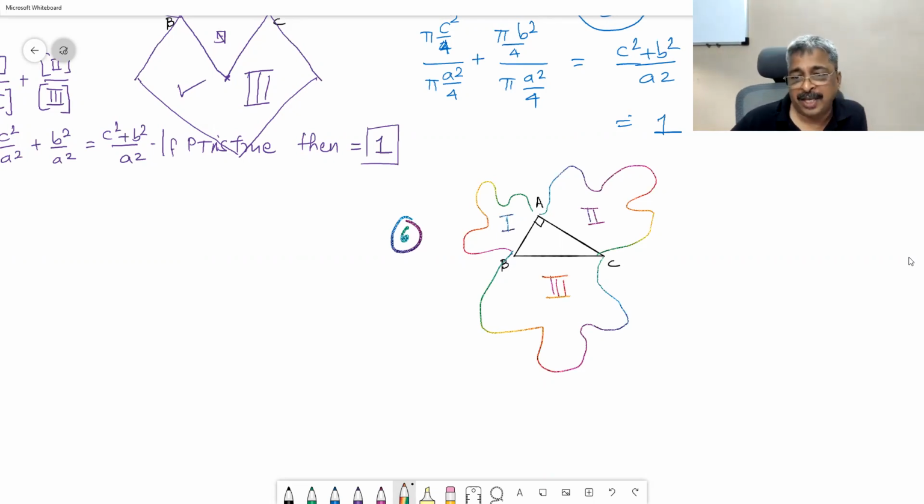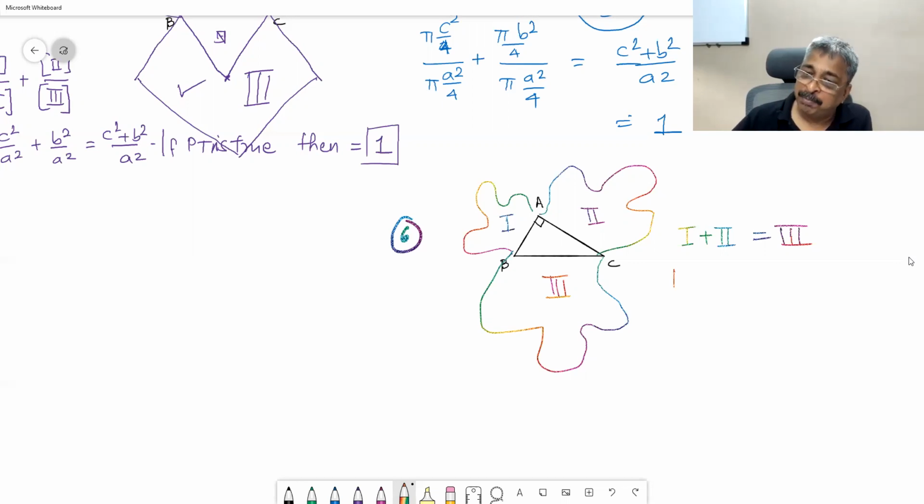Euclid is trying to say 1 plus 2 is equal to 3, not necessary for squares, but every similar figure that you can draw on these non-hypotenuse sides, add their areas, it will be equal to the third area.